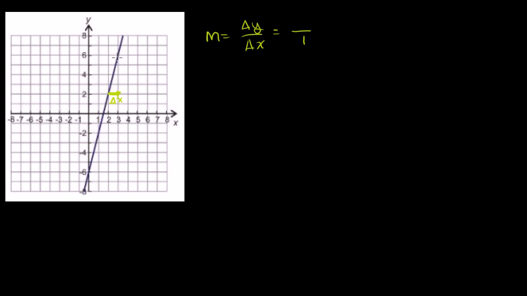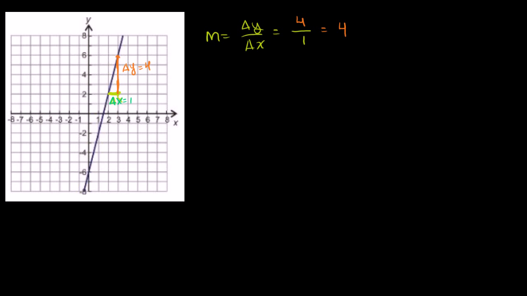It looks like y changes exactly by 4. So my delta y is equal to 4 when my delta x is equal to 1. So the slope is equal to 4.